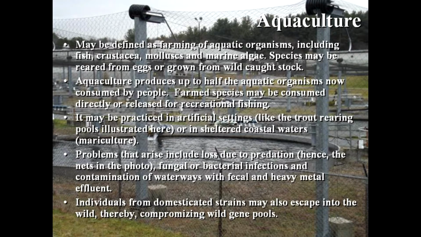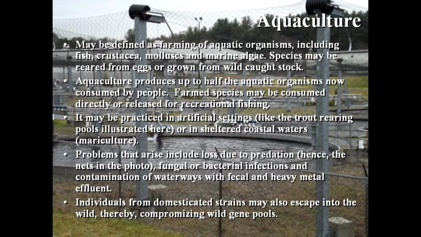In addition to fish, various kinds of crustacea can be raised using aquacultural techniques. Things like crayfish are raised in the southern parts of the United States. Freshwater creature, a distant relative of the lobster.